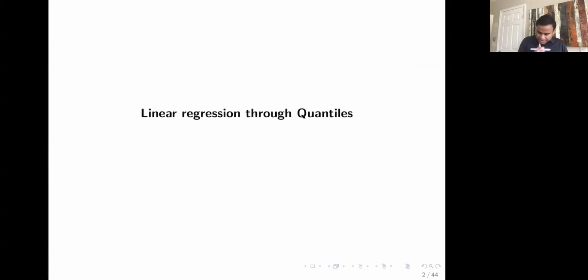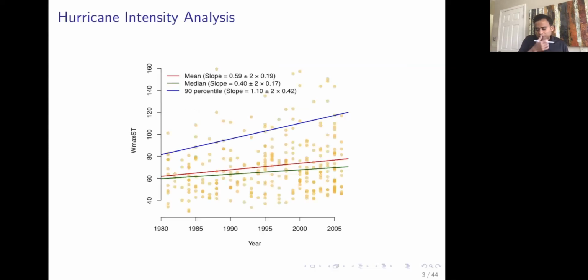So let me start with that idea of how you think about linear regression, but not in the usual way, but through quantiles. This is something that kickstarted my interest in this area: a data set on Atlantic tropical cyclones.